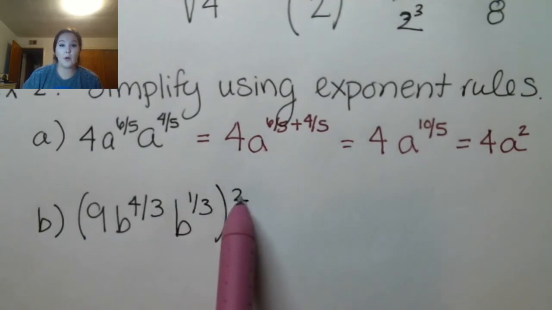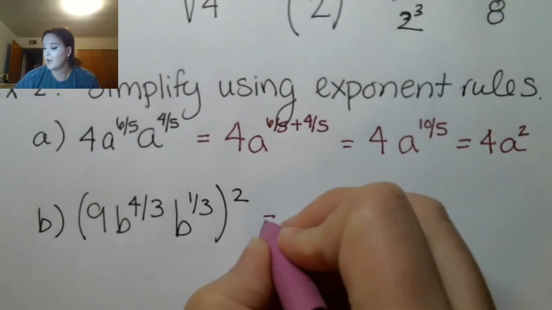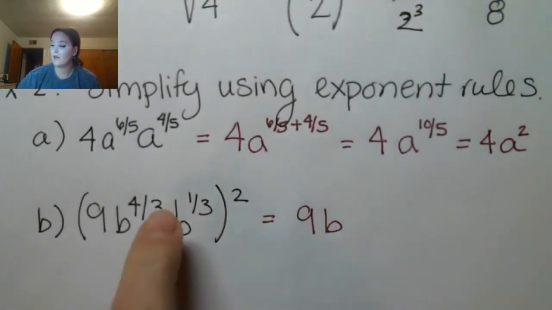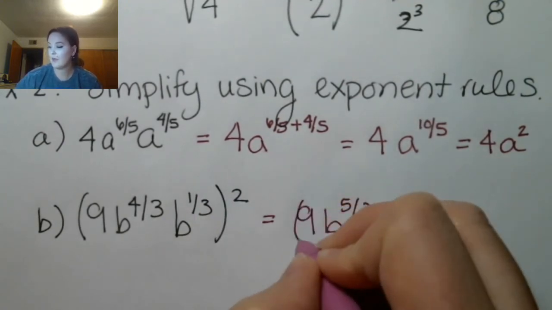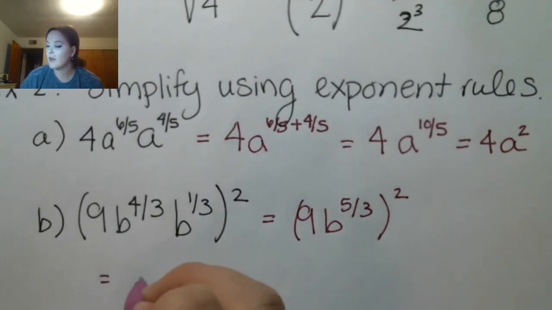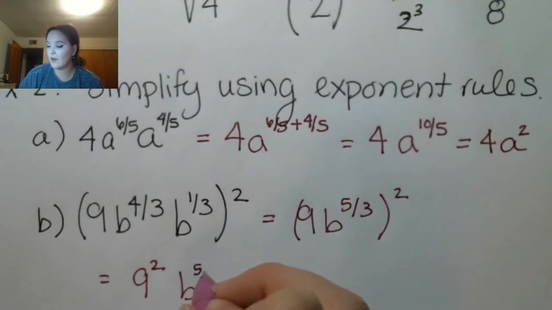Remember that you guys are welcome to distribute this exponent first. It's up to you, okay? So I'm going to combine these by adding first, okay? 4/3 plus 1/3 is 5/3, okay? And then I'm going to distribute this exponent to both of these two bases, okay? So I would get 9 squared b to the 5/3 squared, okay?